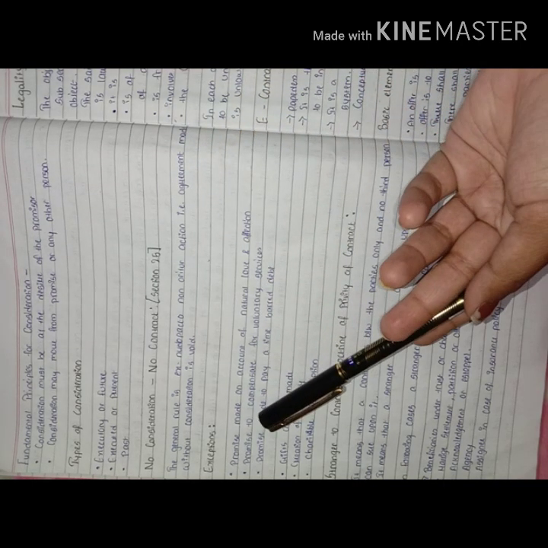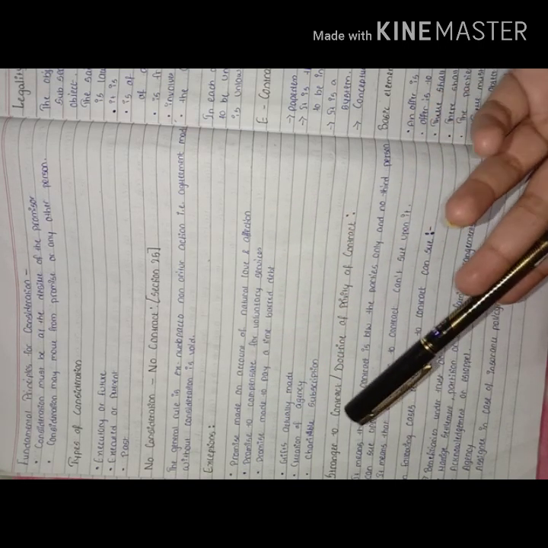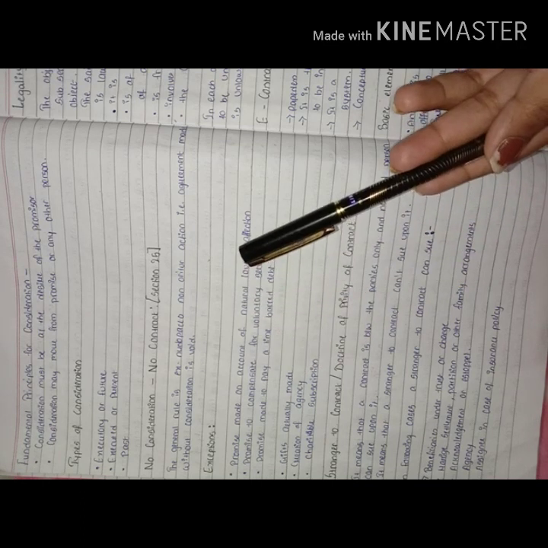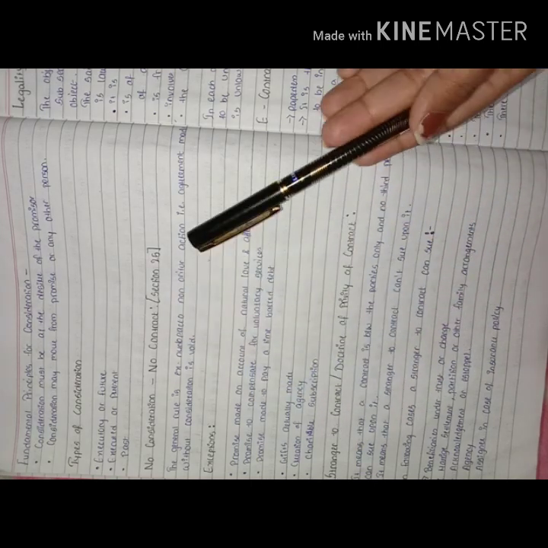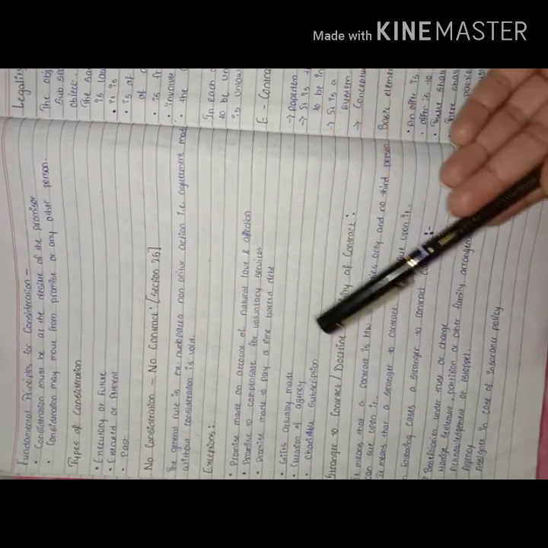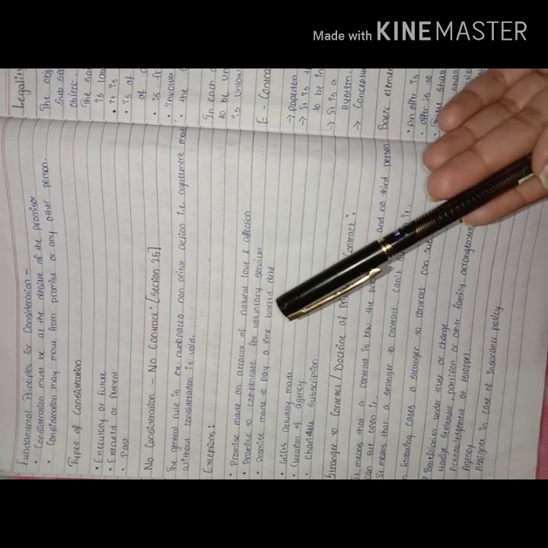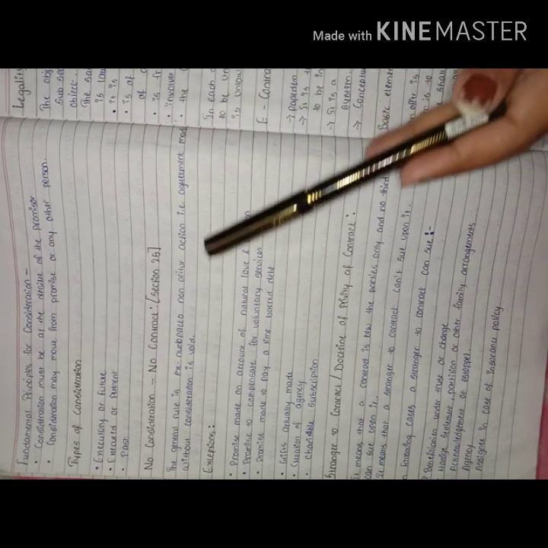The next is promise to compensate for voluntary services. If any person has provided any service and there is something to be paid for it, then even if it is without consideration, it is acceptable by law.